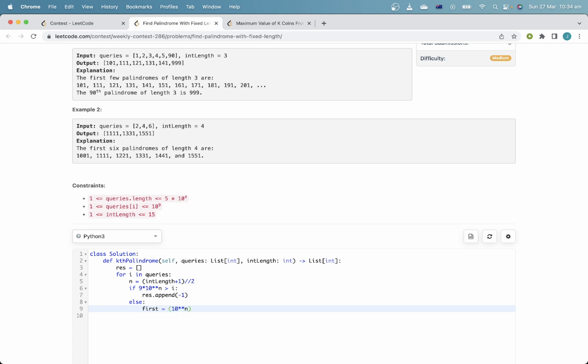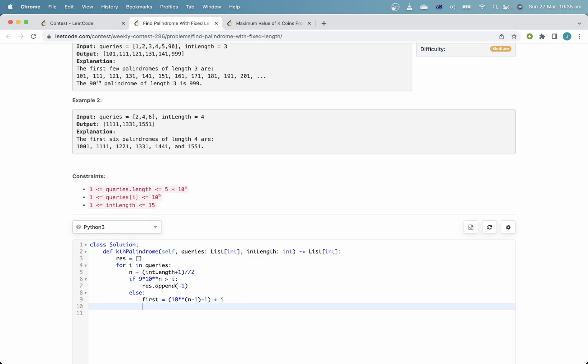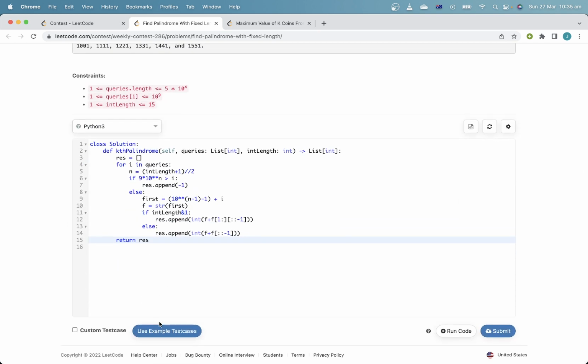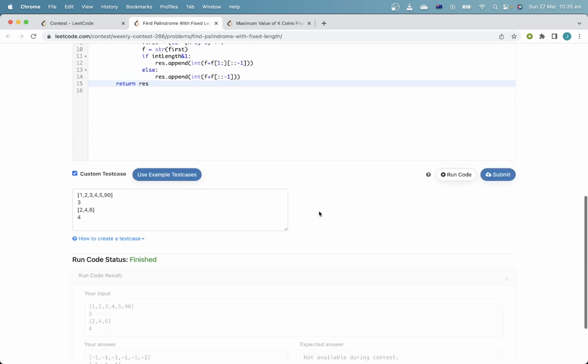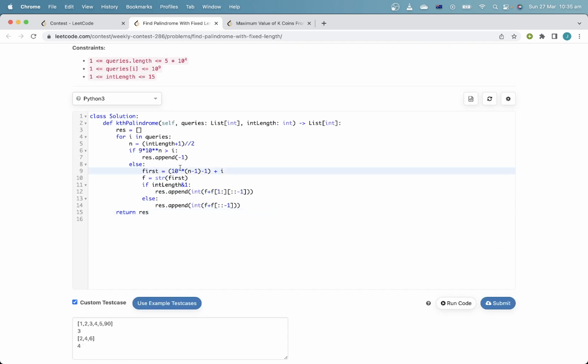From 10 to 1 plus y. I don't know if that's correct. Nope, it is not.